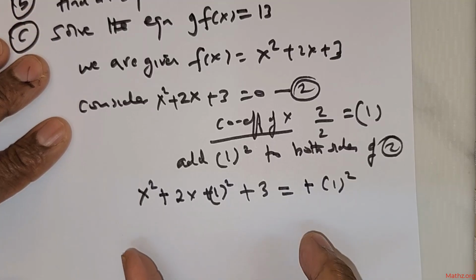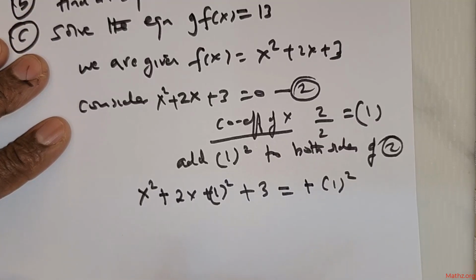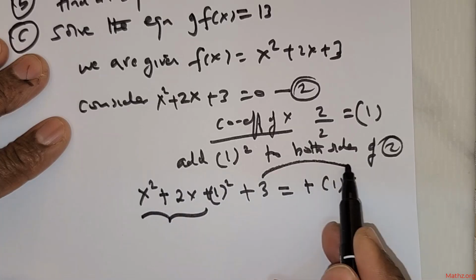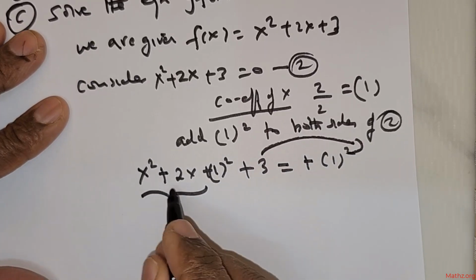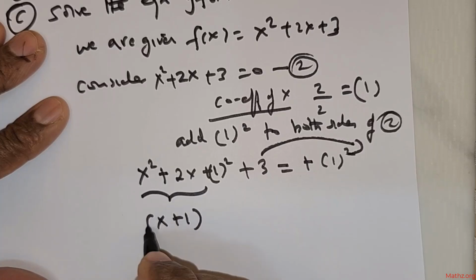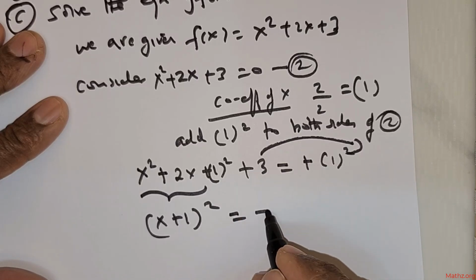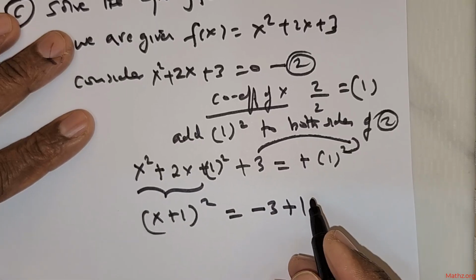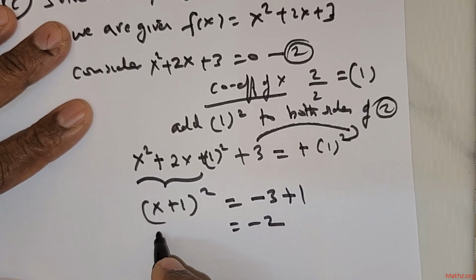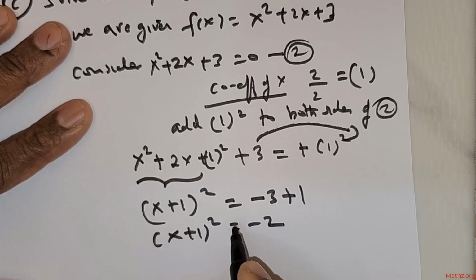So this is how we form the system. Now this is actually a perfect square, so push this to the other end. I can read this as x plus 1 whole squared, right? And if I were to push this to the other end, this will become negative 3 plus 1 squared is 1, which is going to give me negative 2. x plus 1 whole squared.